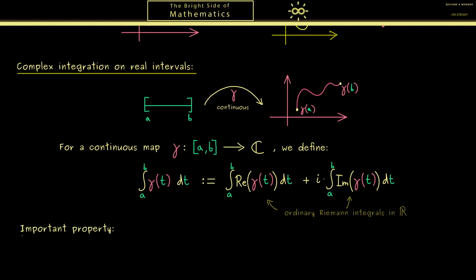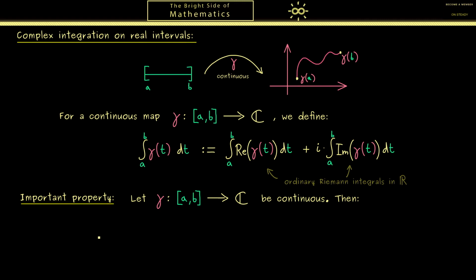However, we are able to substitute it with an estimate with the absolute value. Indeed, this is an important property we will need throughout this course. It tells us that we can estimate the absolute value of the complex integral. Namely, it's less than or equal to the ordinary real Riemann integral where we put in the real function given by the absolute value of gamma.